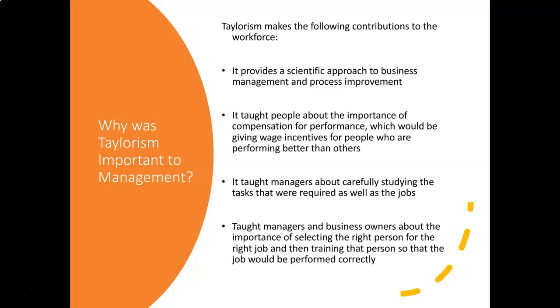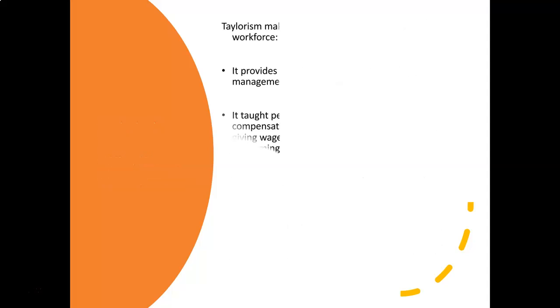It taught managers about carefully studying the tasks that were required as well as the jobs. It taught managers and business owners about the importance of selecting the right person for the right job, as I explained in the recruitment and selection presentation, and then training that person so that the job will be performed correctly. Okay, then let's move on. I think that's the end of the Taylorism guide.